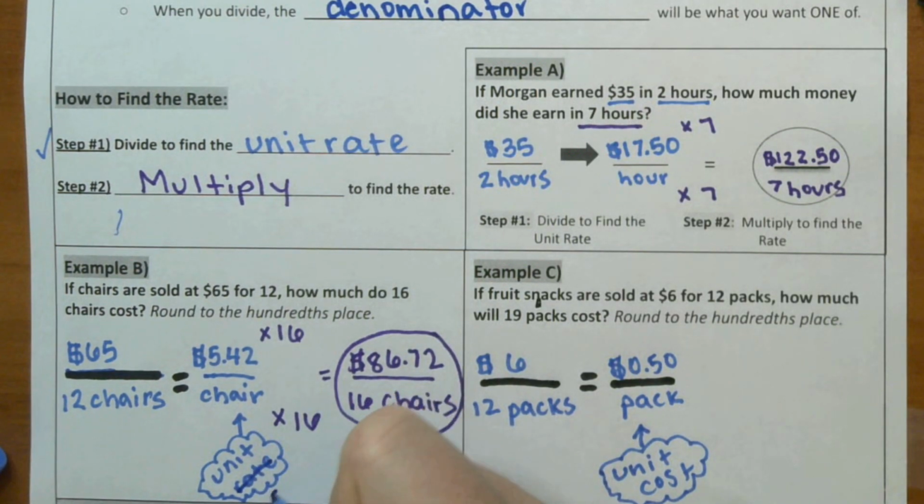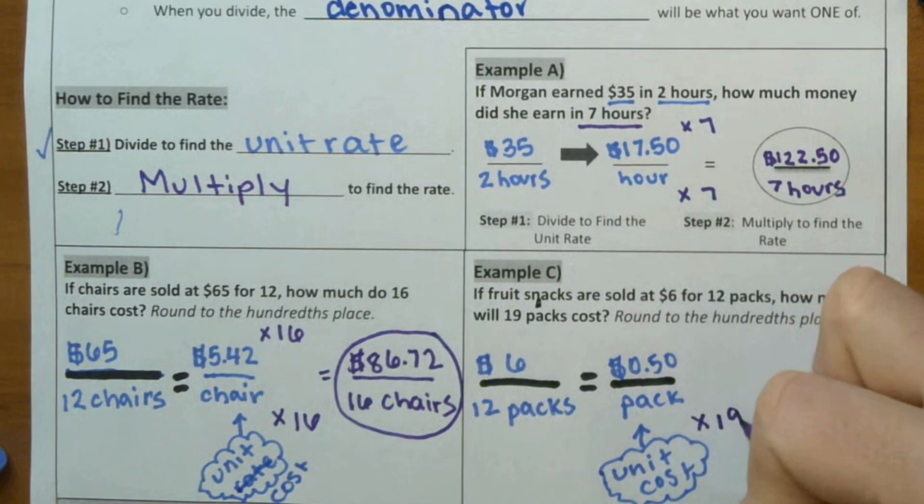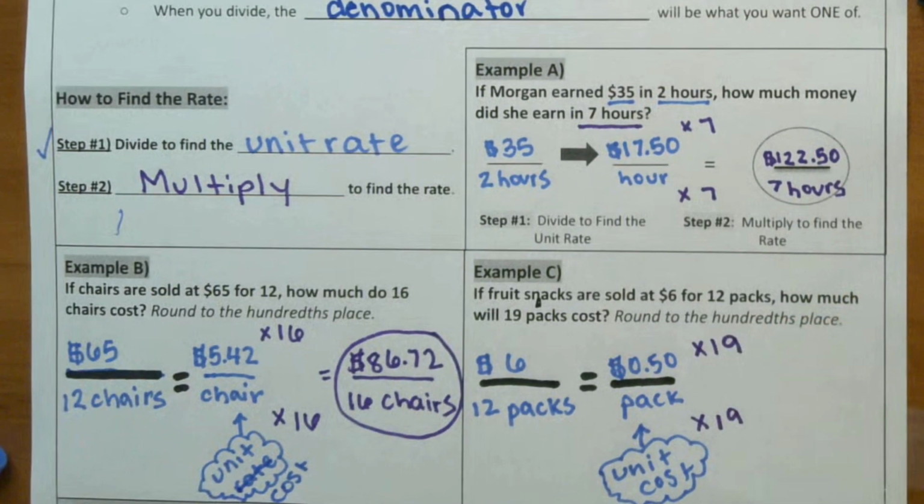And I realize I wrote rate instead of cost over here. We're dealing with money. You might also hear it called unit price. Anywho, we found our unit cost. That's step number 1. Step number 2 is to multiply to find the rate. So you should multiply each of these times 19, and you get $9.50 for 19 packs.